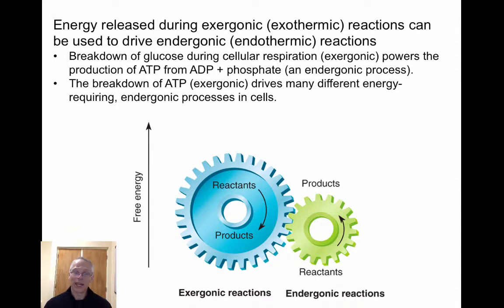We do a reaction that releases energy to provide the energy to do a second reaction that requires it. And the big gear is supposed to be the exergonic or energy releasing reaction, and the small gear showing that a portion of that energy that was released is used to drive the endergonic reaction.